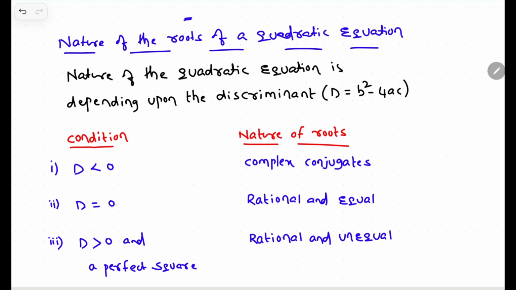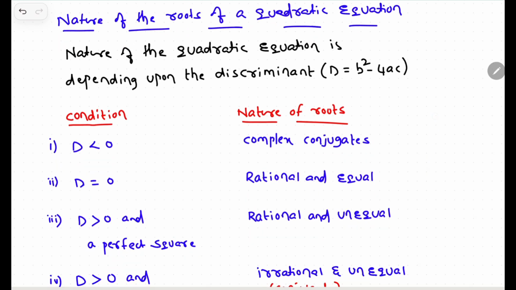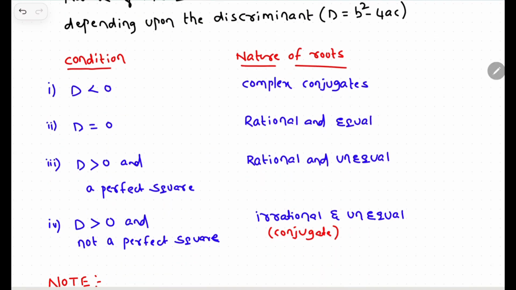If D is equal to 0, the roots are rational and equal. If D is greater than 0 and a perfect square, the roots are rational and unequal. If D is greater than 0 and not a perfect square, the roots are irrational and they are conjugate.